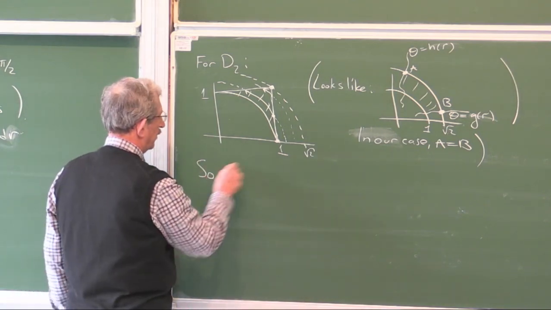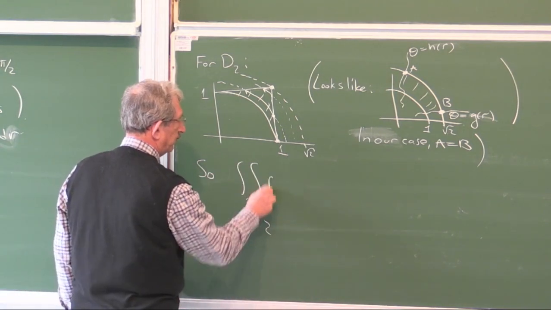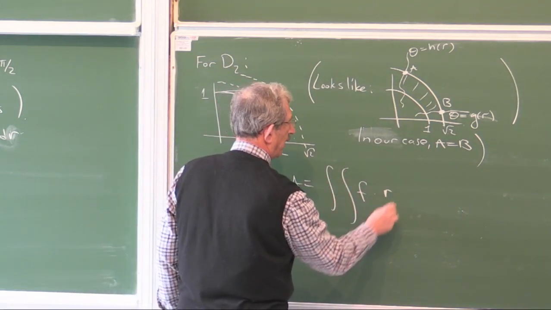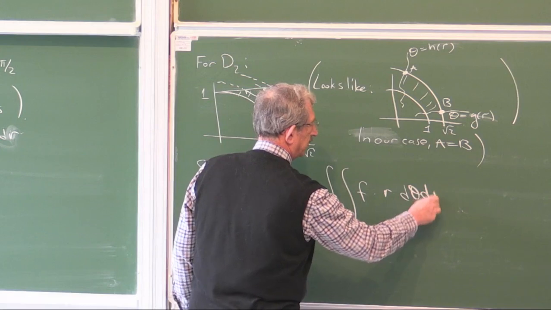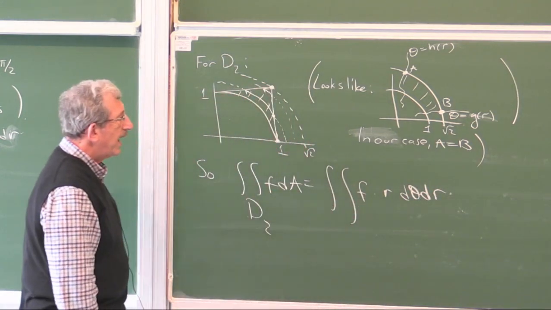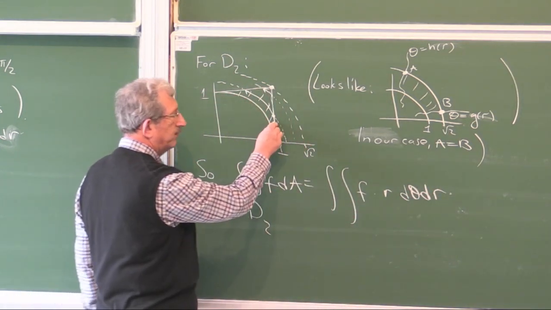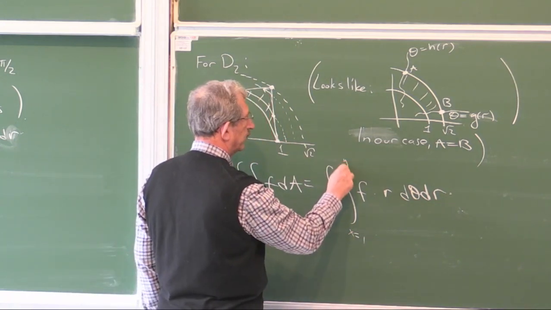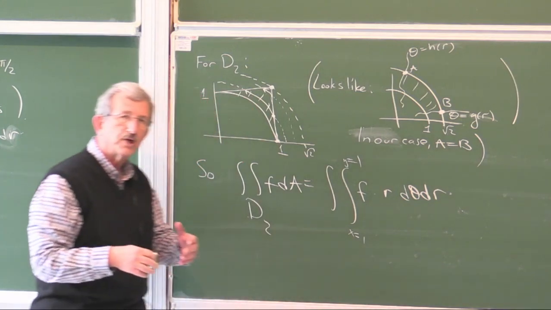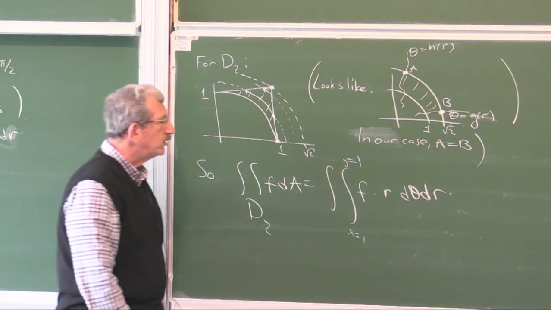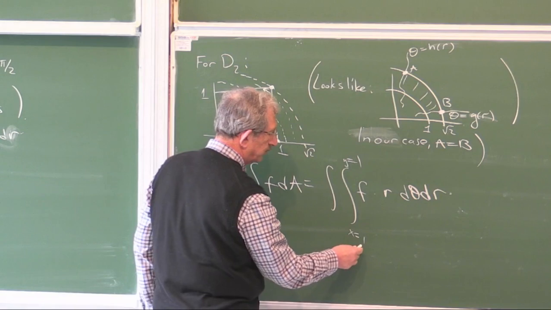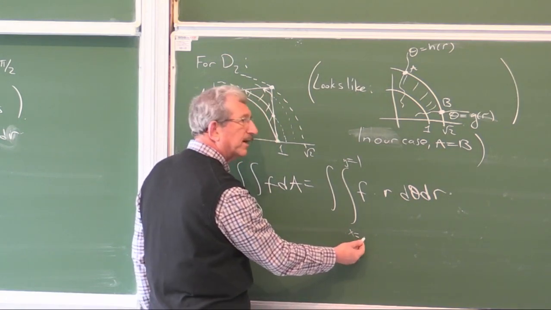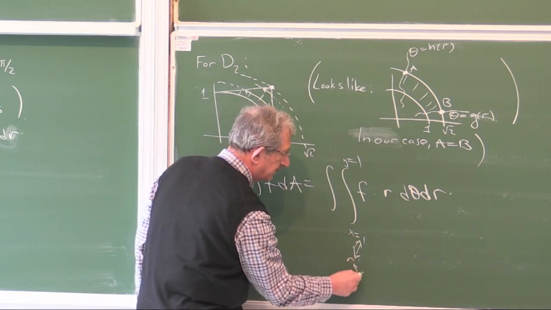So the integral over D2 of f dA would be f r d theta dr, and theta changes from x equal to 1 up to y equal to 1. But of course, we have to translate them into polar language. This means that r cosine theta is 1, so r is secant of theta.